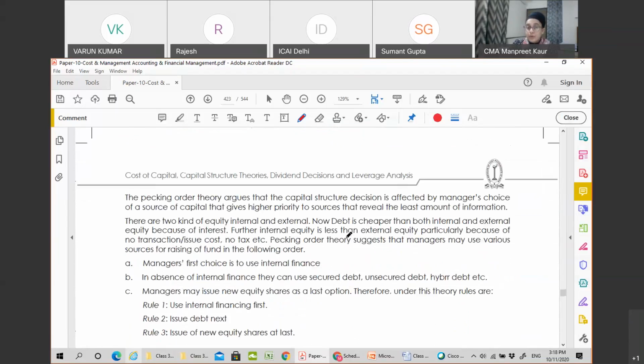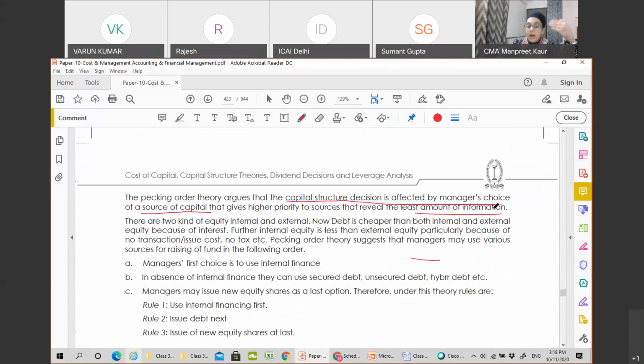What does pecking theory say? Now we talked about debt and equity. Pecking theory argues that capital structure decision is affected by the manager's choice of a source of capital, which gives higher priority to the sources that reveal the least amount of information.